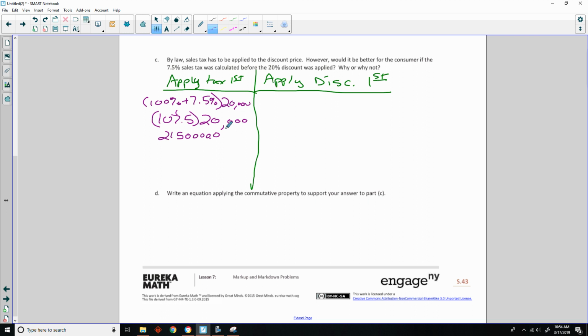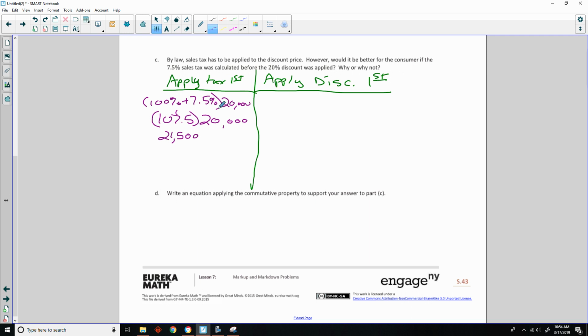It's not going to be that much. The decimal place is going to go over here. So we're going to pay $21,500. Okay.